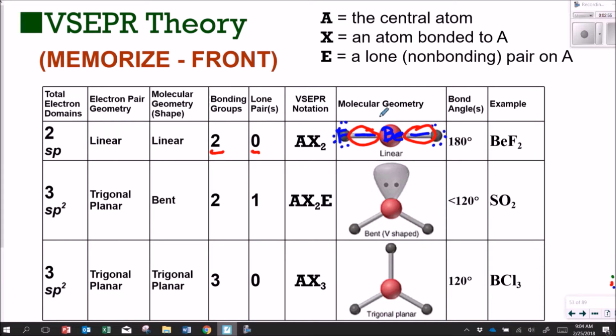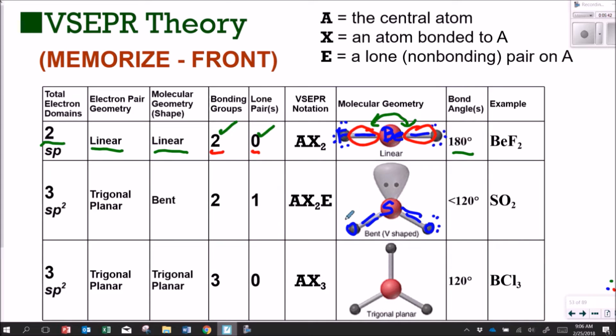Using these two criteria, I end up with a bond angle of 180 degrees, and that matches a linear molecular geometry or shape. For the electron pair geometry, I add up the number of bonding groups, 2, plus the number of lone pairs, 0. That gives me a total of 2 electron domains, and that matches a linear electron pair geometry as well.